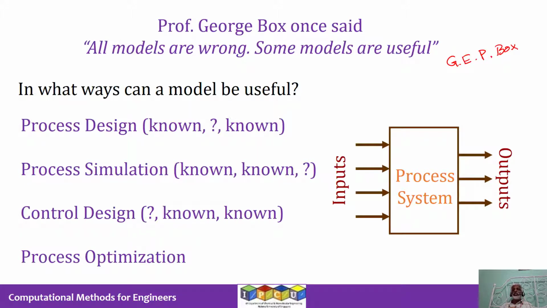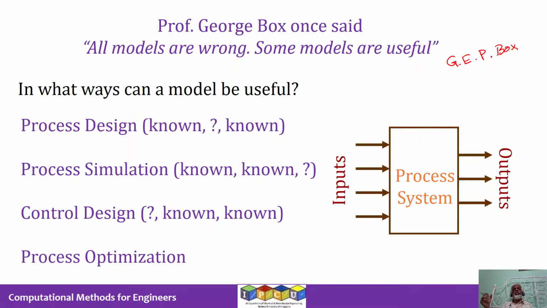So this statement is attributed to him. All models are wrong and some models are useful, and you will see this being mentioned by many speakers in conferences when they give a talk on modeling, or when they write a book or something. This statement often is thrown around, and the meaning behind the statement is something that I've shared in an earlier presentation. All models are wrong in the sense that we are looking for approximations, either because we are intentionally trying to limit the complexity of models, or we are ignorant of certain phenomena that we would even ignore some important or mildly important phenomena.